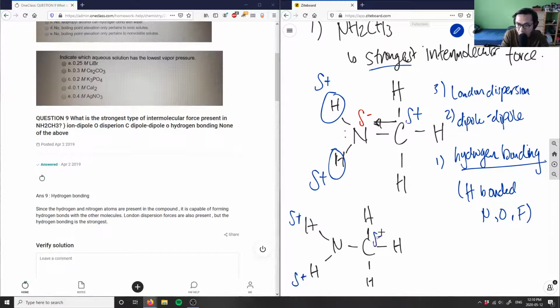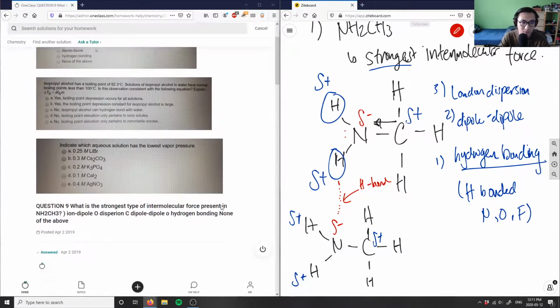This one here is partial positive. This here is partial negative. We have bonds from this nitrogen to this hydrogen as well, right? These guys are attracted to each other, and then this nitrogen and this hydrogen will also be attracted together. So this here is also our H bonding. All of these make up the strongest intermolecular force. So this here is correct.